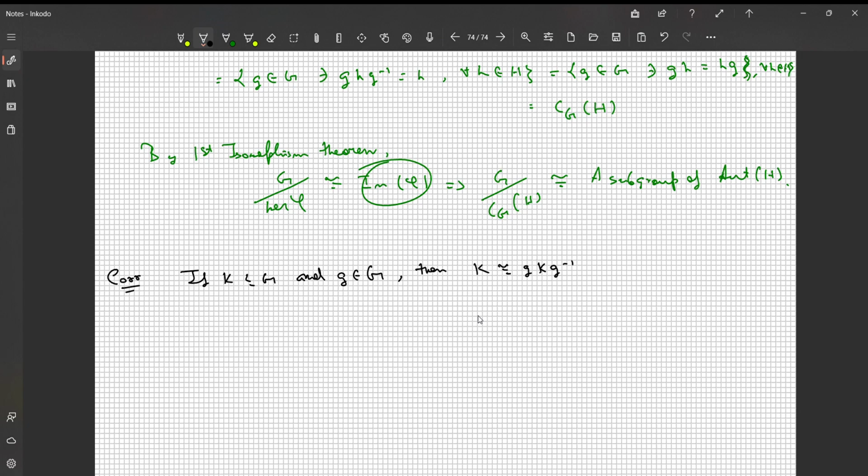And if so happens, then we can also extend this corollary by saying that conjugate elements and conjugate subgroups have the same order.